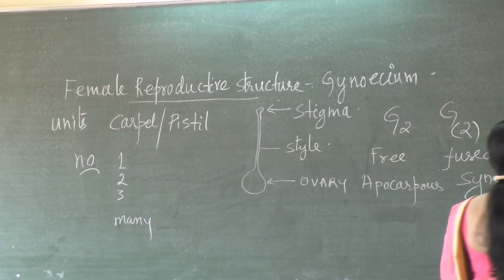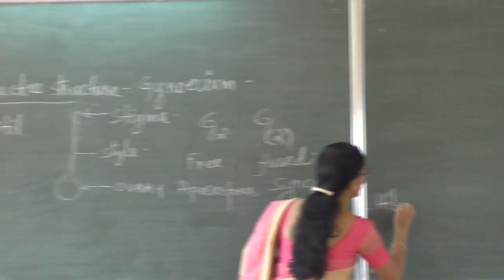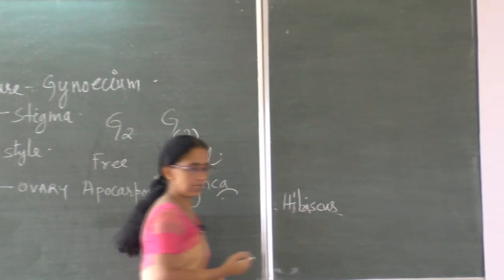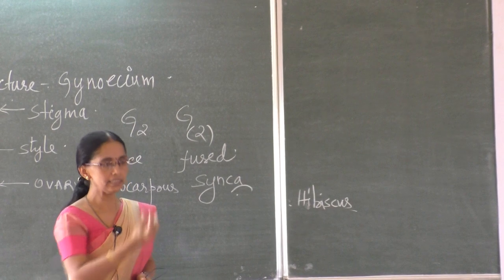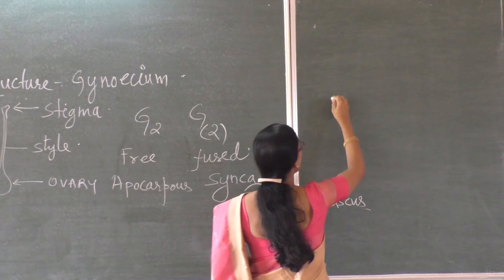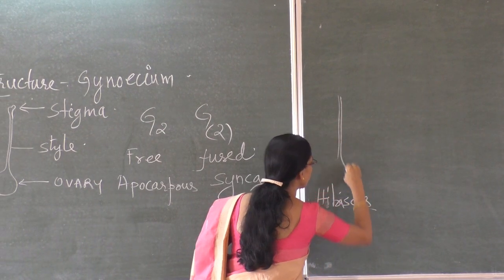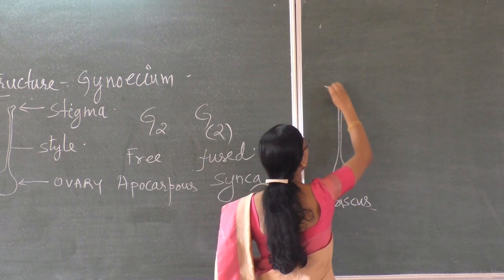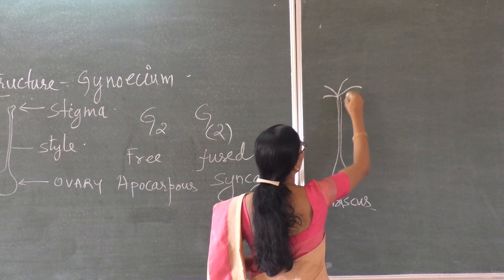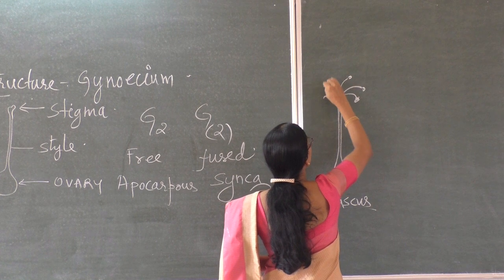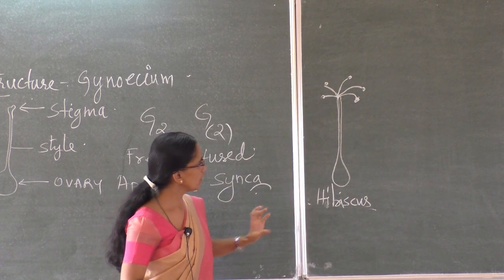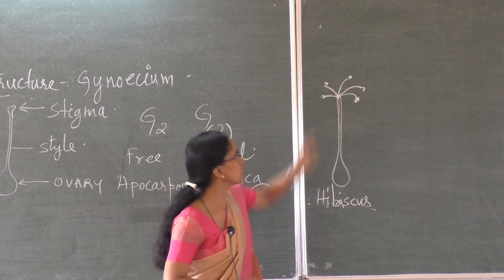Example for syncarpous is hibiscus. Recall a hibiscus flower. In the center of the hibiscus flower, we get a structure somewhat like this. This is ovary, style and stigma.